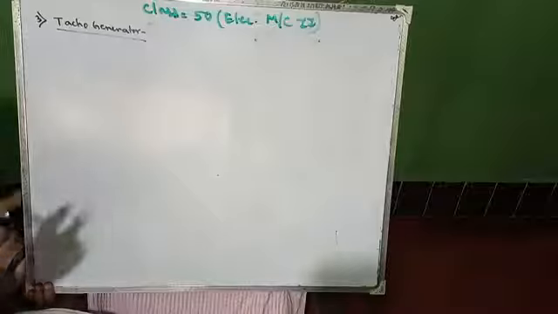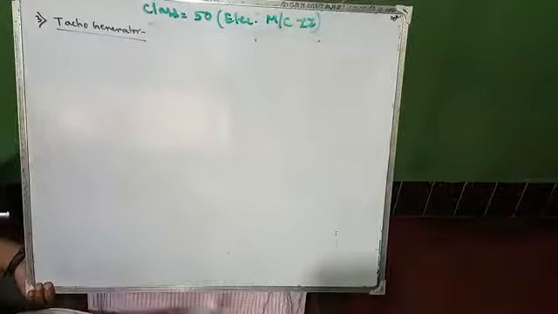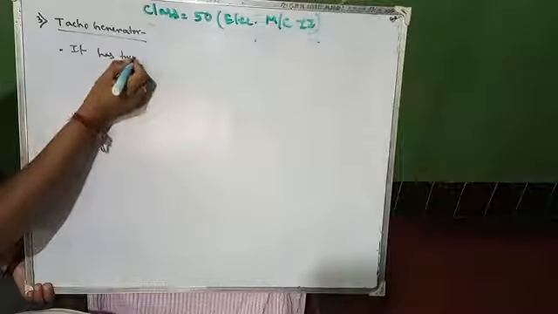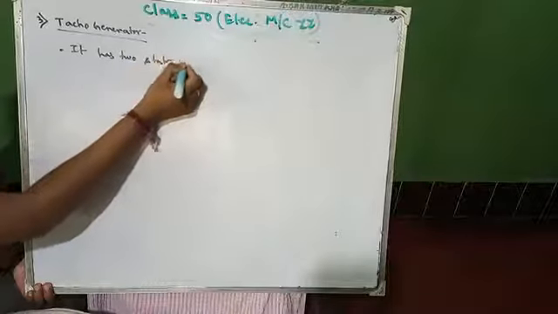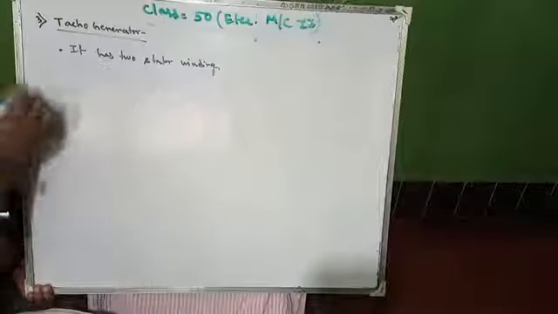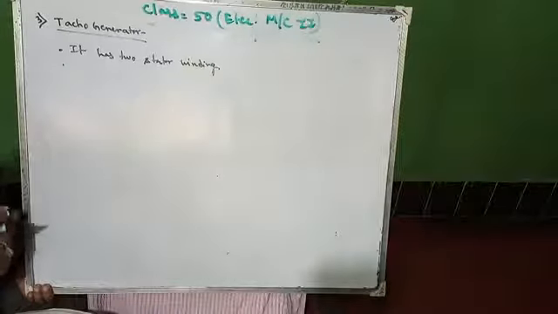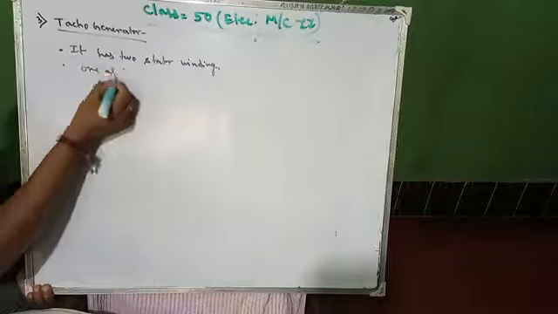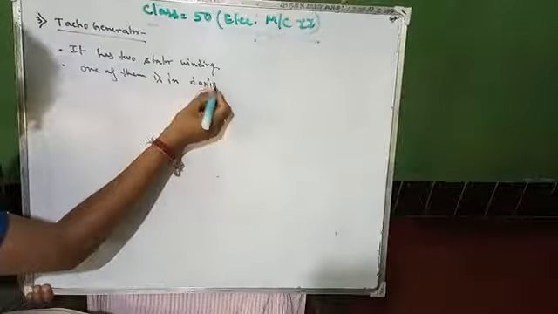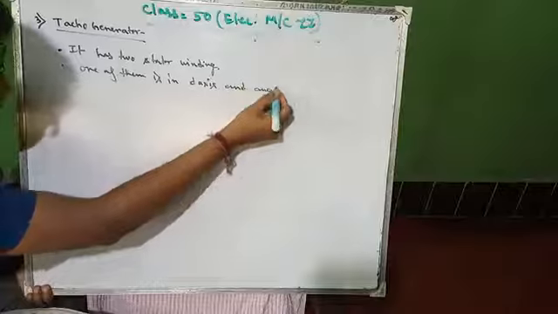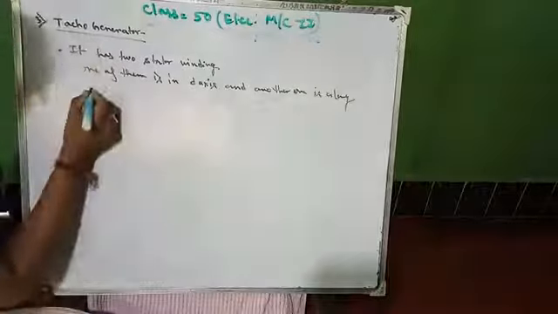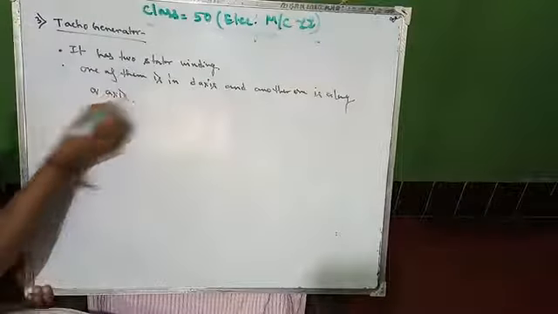In space it has two stator windings, among them one is in the D axis and another one is along the quadrature or q axis.